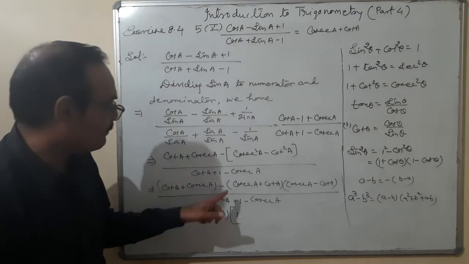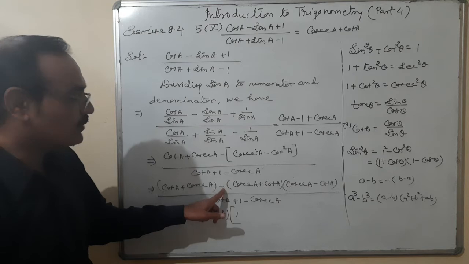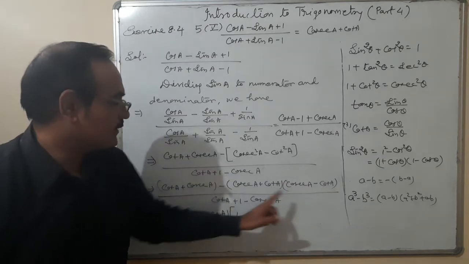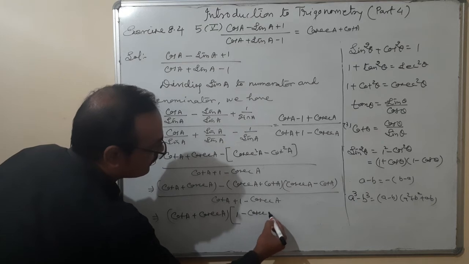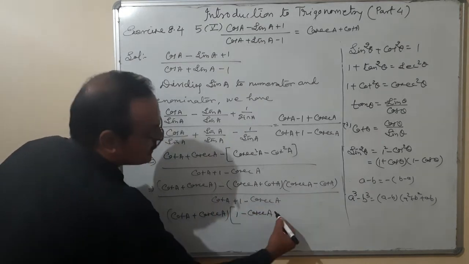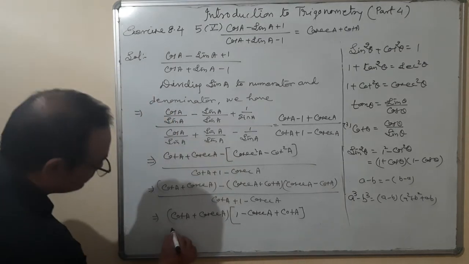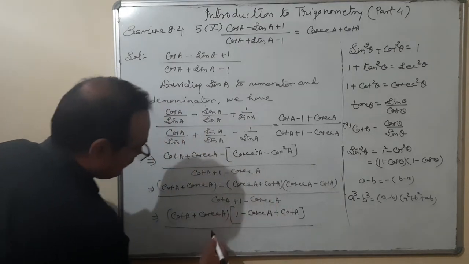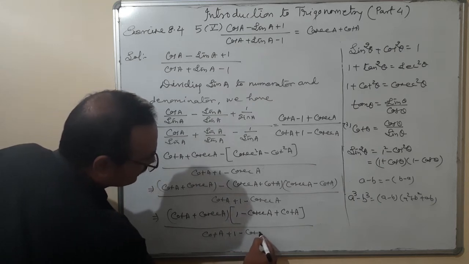In the second term, the minus sign is left, so minus cosec A, and minus into minus is plus cot A, upon cot A plus 1 minus cosec A.